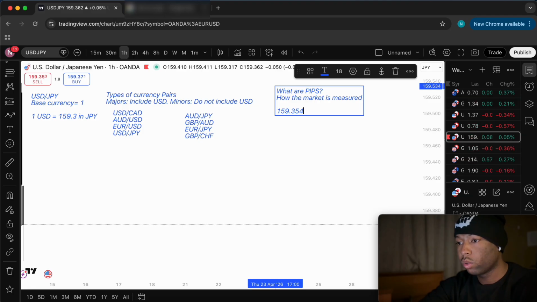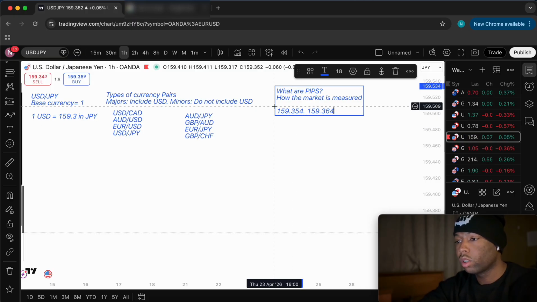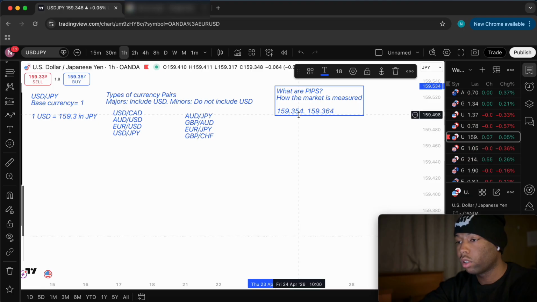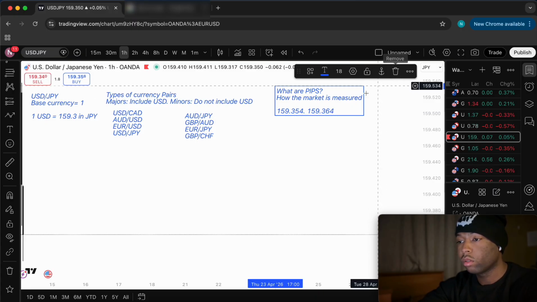Say it jumped to 159.364, right? So notice how the first four numbers stay the same, right? So 54 to 64, that would just be 10 pips. Okay, pretty simple, easy.